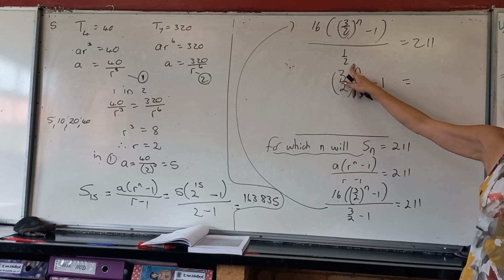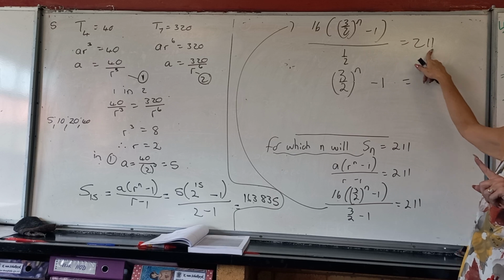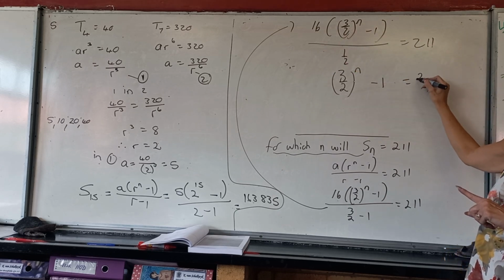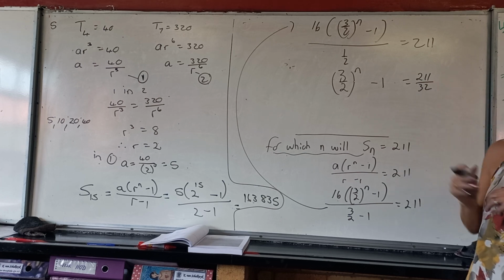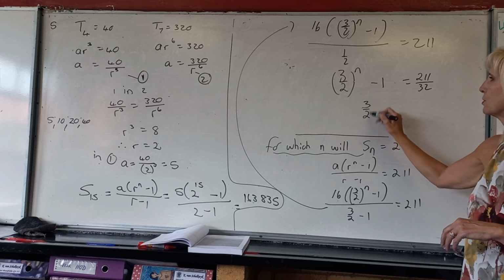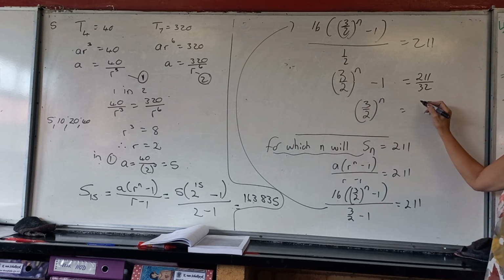How many halves in 16? 32. So you divide by 32, what's the answer here? 211 over 32. Are you with me? Then I will take that 1 across and you'll get to 3 over 2 to the power n equal to 243 over 32.